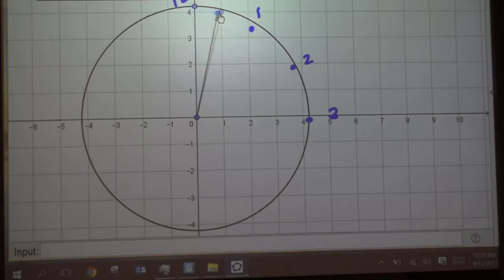Would that angle be the same or different than the angle traced out from 1 o'clock to 2 o'clock?